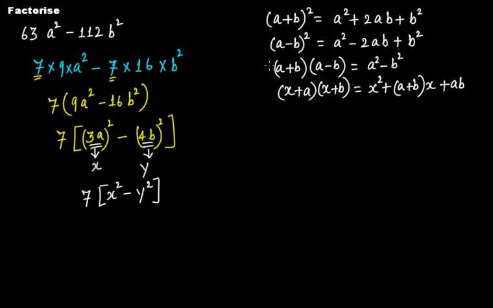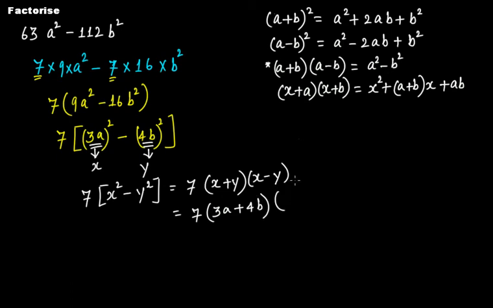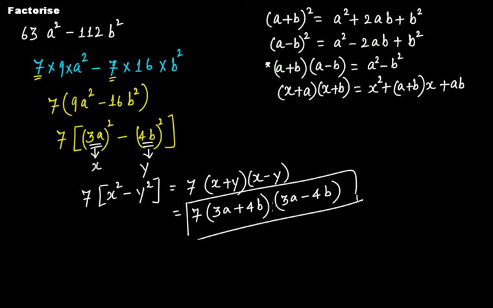So from this identity, you can write this as 7 multiplied by x plus y multiplied by x minus y. So this is 7. What's x? x is 3a. What's y? y is 4b. So 7 multiplied by 3a plus 4b multiplied by 3a minus 4b. This is the factorization of this algebraic expression.